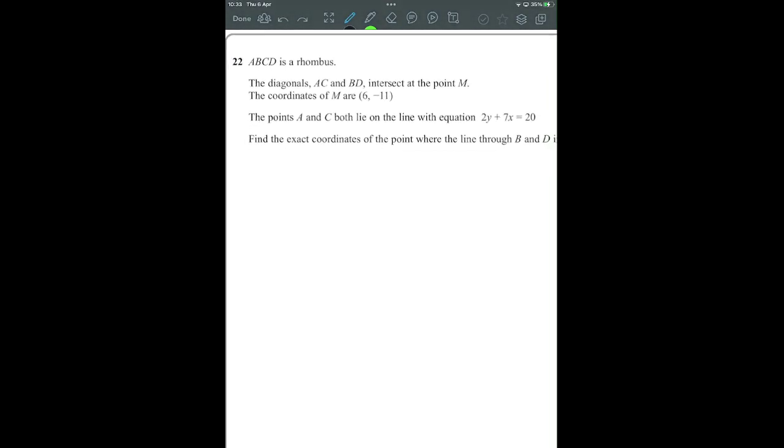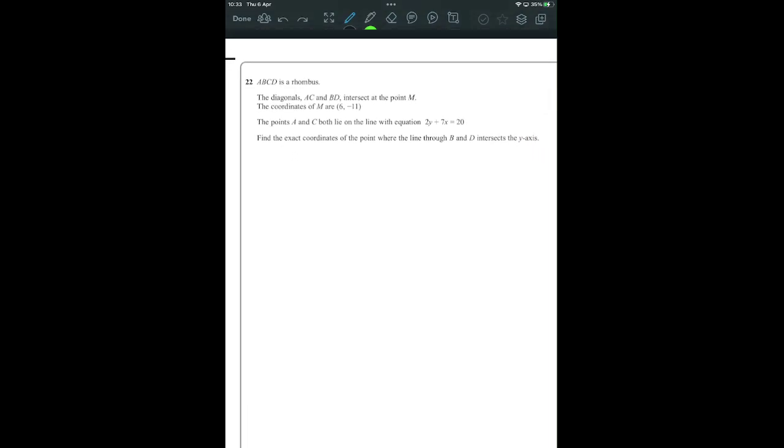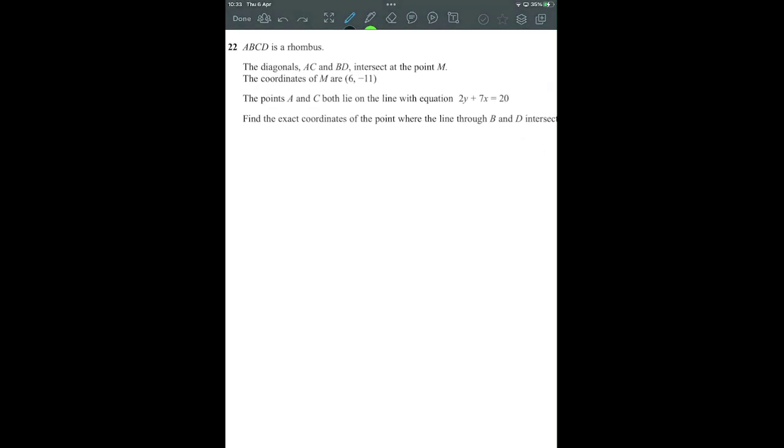We have ABCD is a rhombus. The diagonals intersect at M. A and C both lie on that line. Find the exact coordinates of the point. Okay, so this is quite challenging. The real difficulty of this question is unpicking exactly what you have to do. Really useful is to draw yourself a picture.